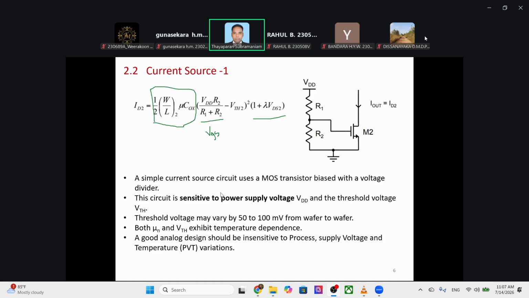A simple current source circuit uses a MOS transistor biased with a voltage divider. This circuit is sensitive to power supply voltage and the threshold voltage VTH. Threshold voltage may vary by 50 to 100 millivolts from wafer to wafer. Both mu and VTH exhibit temperature dependence.